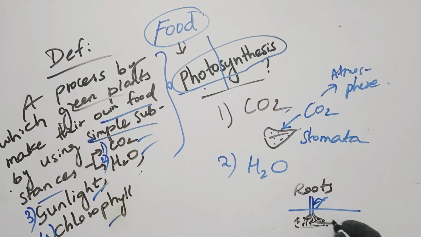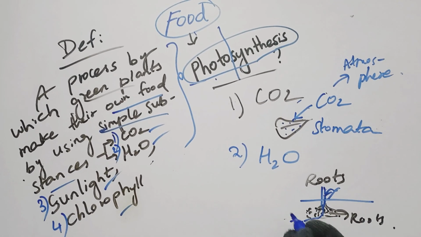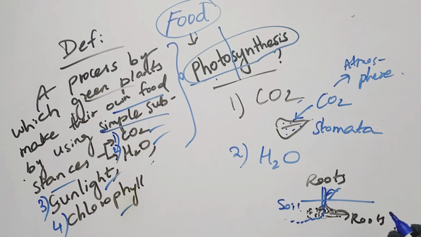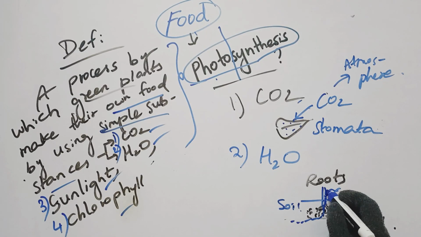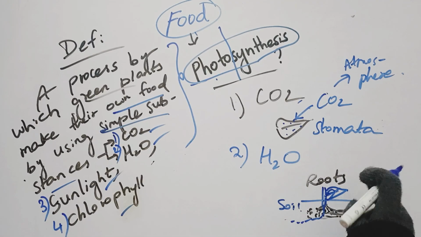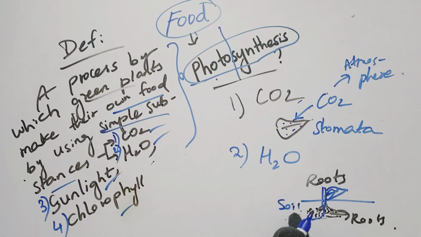The roots of the plant absorb water from the soil, and they transfer this water to all the parts of the plant, especially the leaf, which is called the kitchen of the plant, where this process of food making is going to happen. So the roots absorb water, H2O, from the soil and transfer it to the leaves.